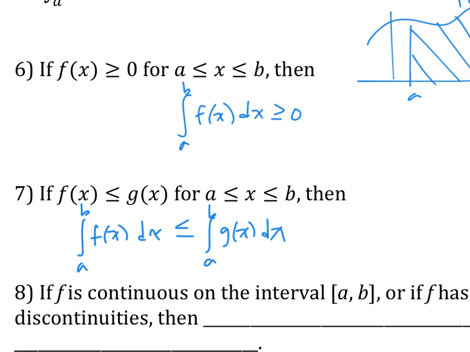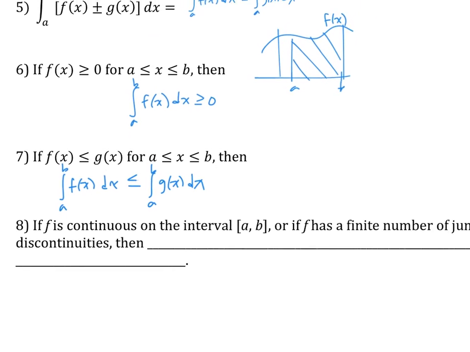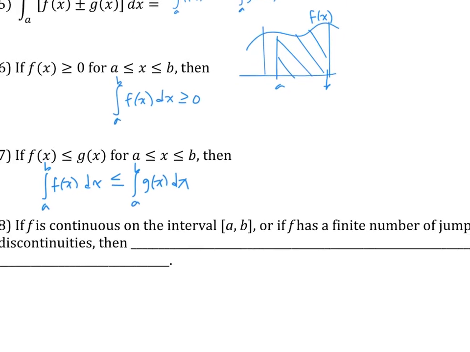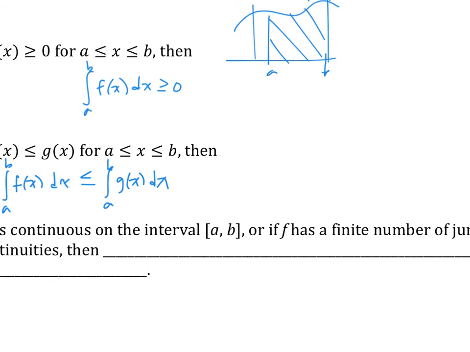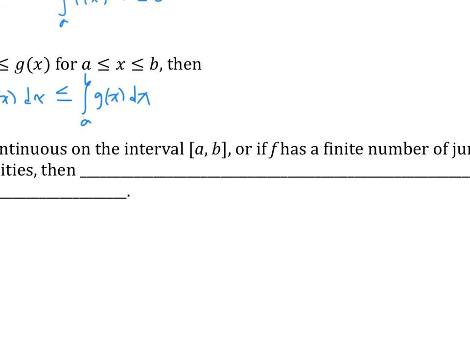And then the last one, you probably didn't even know this would have been a problem. It says, if f is continuous on this interval, or if f has a finite number of jump discontinuities. Okay, what does that mean? Let's say your graph looks like this. It has a jump.